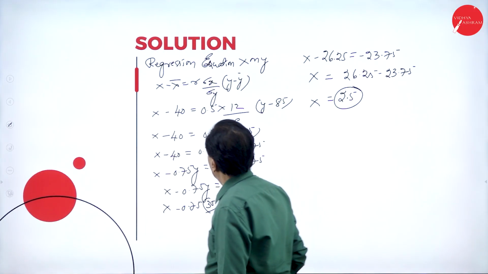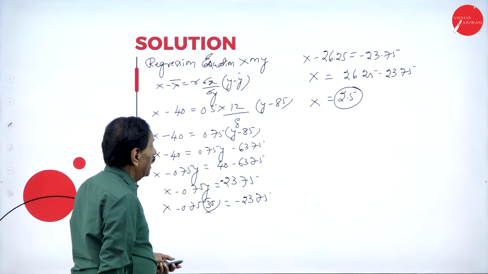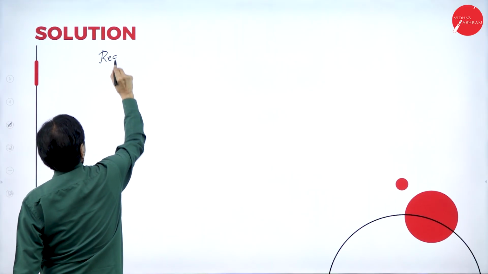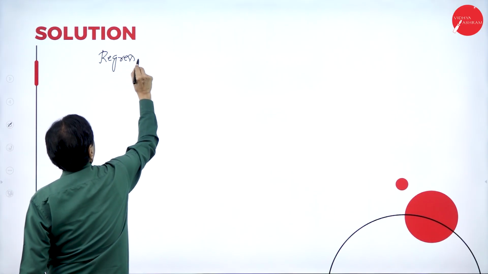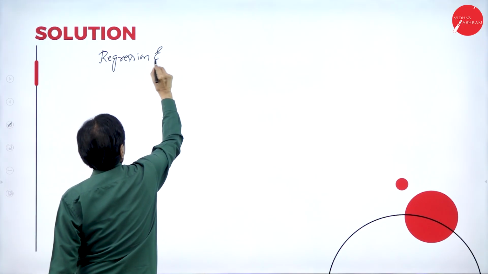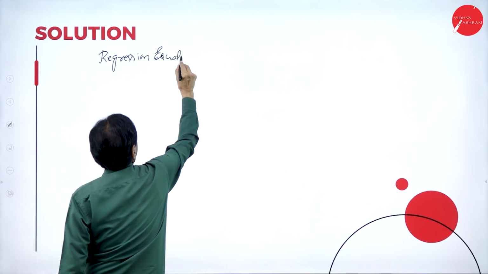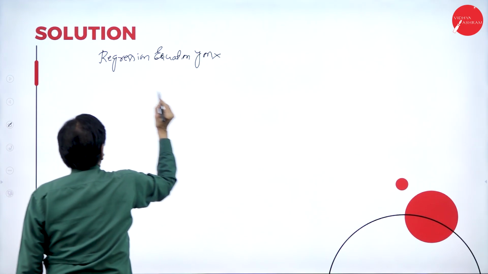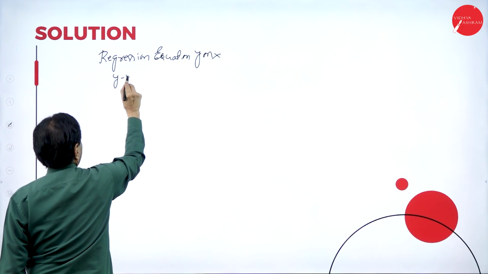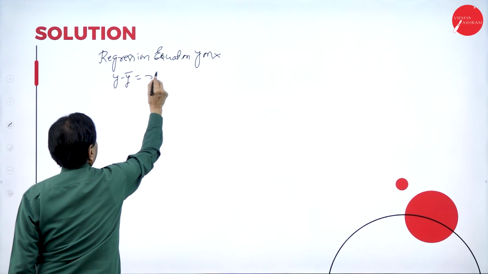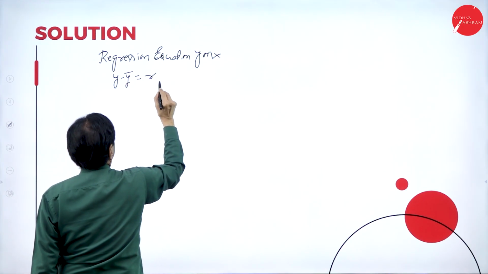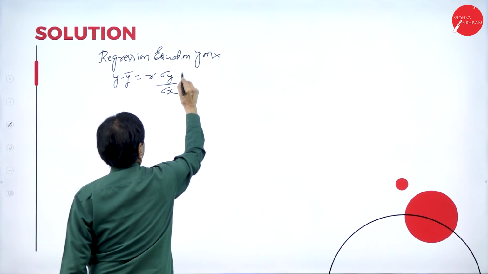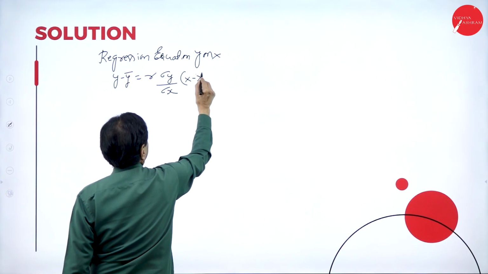So this goes in favor of x. Another regression equation, y on x: y minus y mean equals r into standard deviation y divided by standard deviation x into x minus x mean.